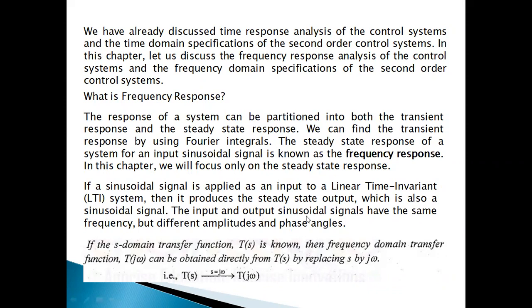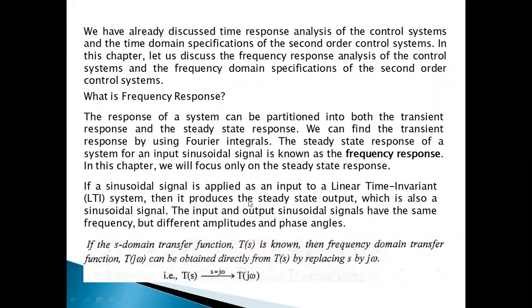The input and output sinusoid signals have the same frequency. That is the beauty of this sinusoidal response. When the input has some frequency, output also has the same frequency. Only the difference is the amplitude and phase.